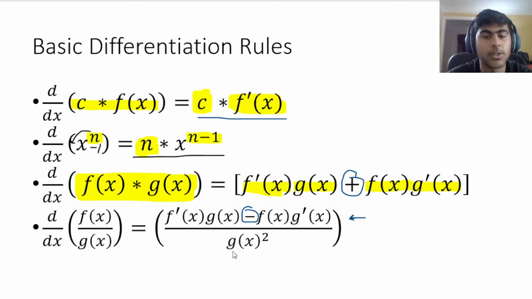So in the quotient rule, the numerator is the same as the product rule, except we subtract the part where we take the derivative of the denominator and multiply that by the original function in the numerator. And then we also divide by g of x squared, the original function in the denominator, squared. So that is the quotient rule right here.